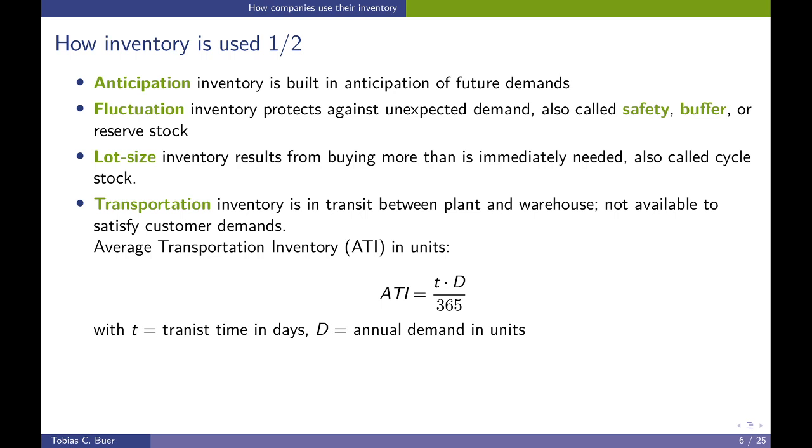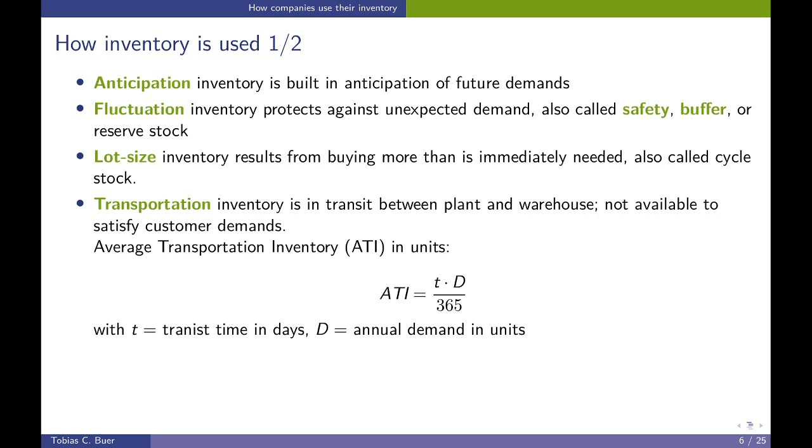A third type is lot size inventory. Lot size inventory results from buying more than we immediately need. This often results because suppliers have minimum order quantities, so you cannot just buy 5 pieces, you have to buy at least 20 pieces, and if a company only needs 5 pieces right now, they still have to buy 20 pieces, because otherwise it is not economically suitable for the supplier.